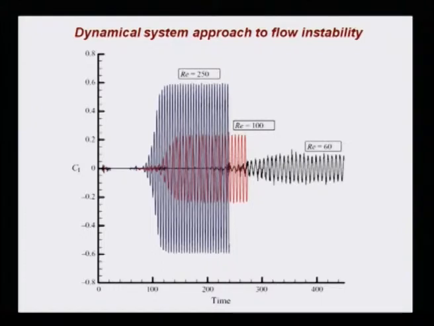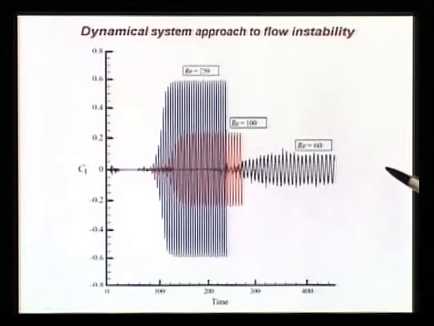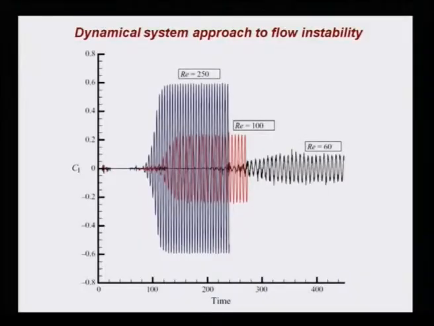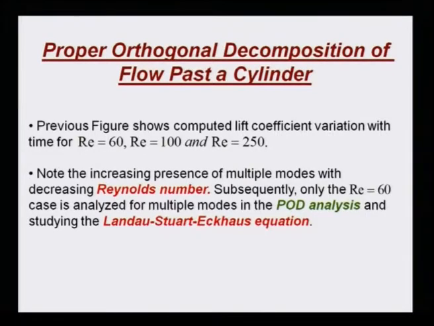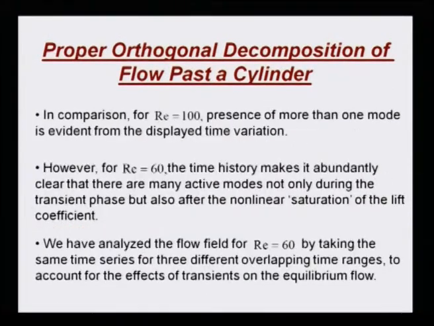You can see, if it was dominated by a single mode, we would have had a nice envelope, not a jaggedy envelope that we are seeing here. Okay. That being the motivation for focusing our attention on the results of r equal to 60, we will go ahead and we will see what we can do about it.